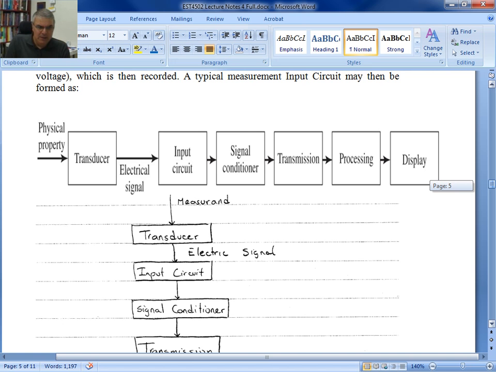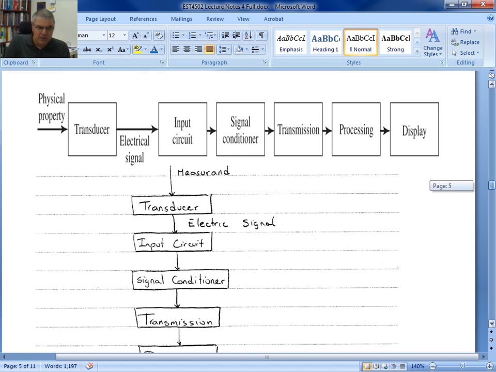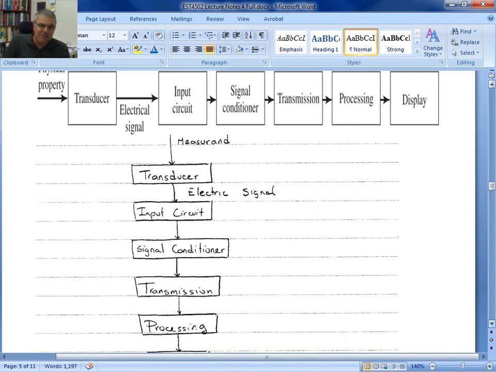The measured physical property is going to go through a transducer. It's going to be converted to an electric signal. From there, it's going to go to an input circuit. And of course, throughout this process, there are many different functions that would be performed, many different types of, perhaps we should call it, transformation.